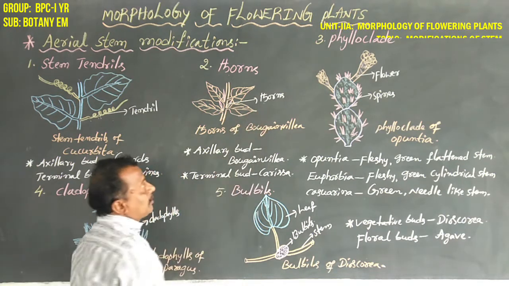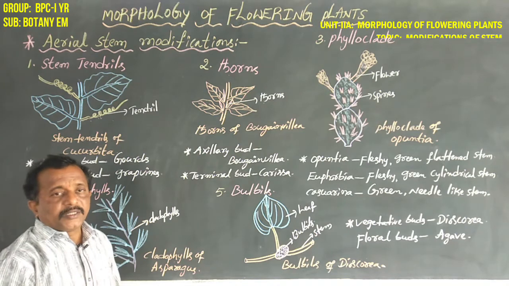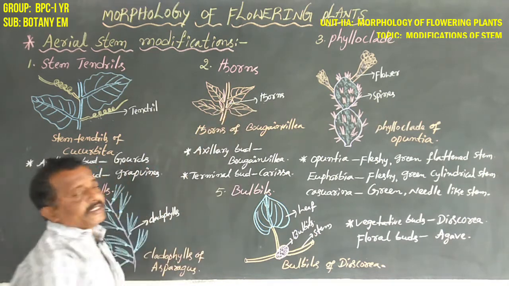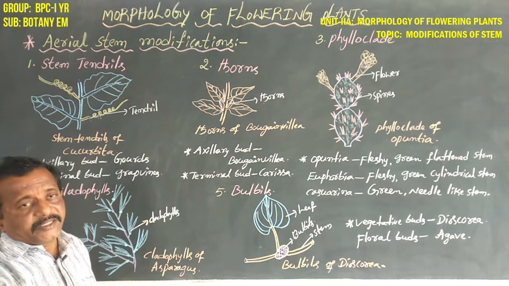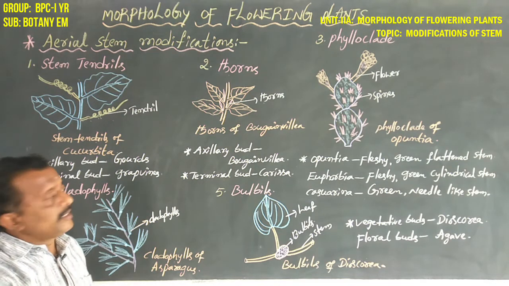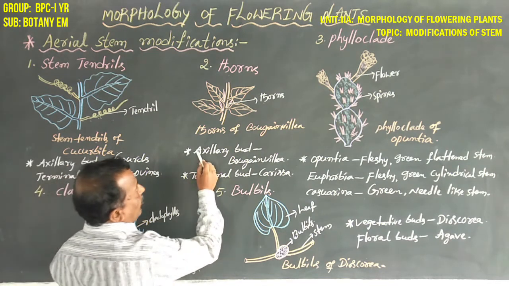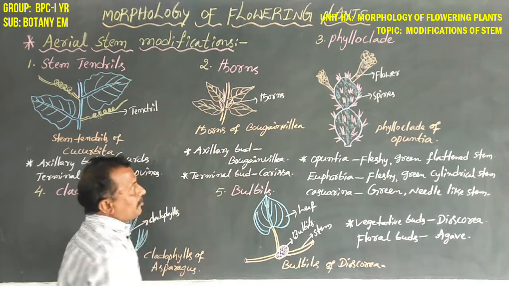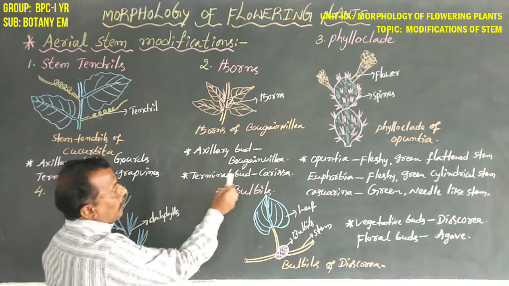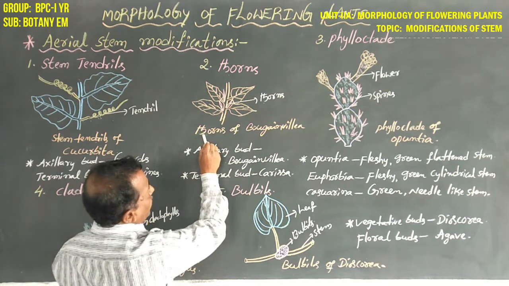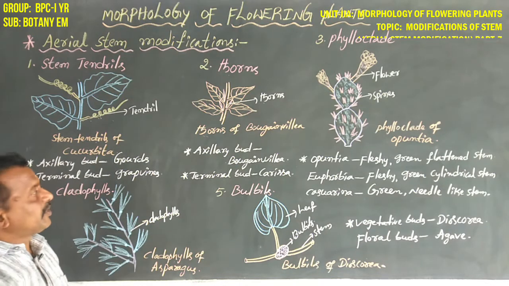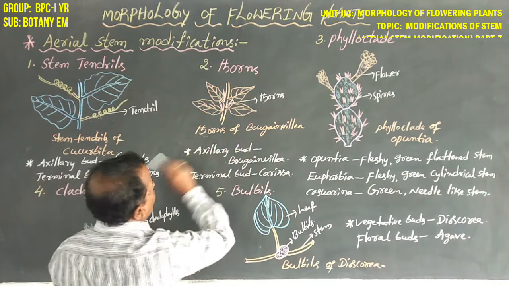These thorns always help for protection from grazing animals. In some plants, especially axillary buds are modified into thorns, in bougainvillea. Terminal bud or apical bud is modified into thorns in Carissa.